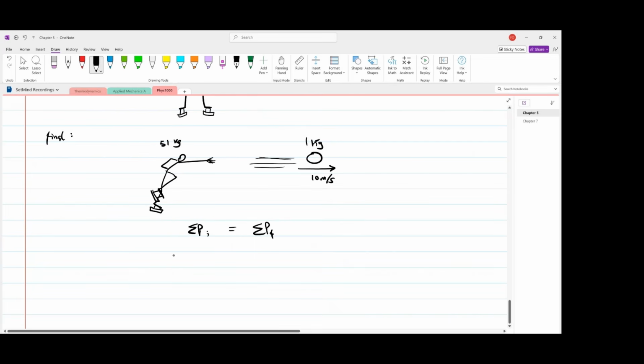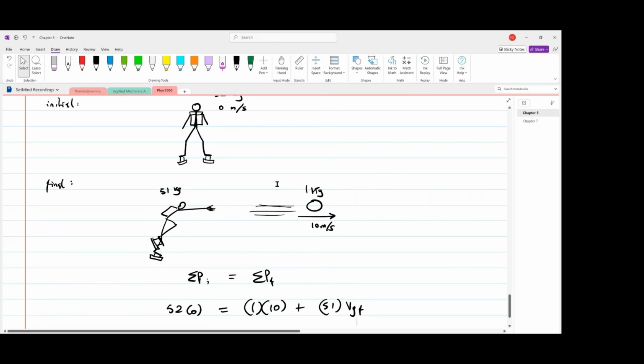It is 0. 52 times 0 is equal to that ball, 1 times 10, plus 51 times V, I'll call it VGF. G is the girl, and this is the ball. So VB and VG are unknown.